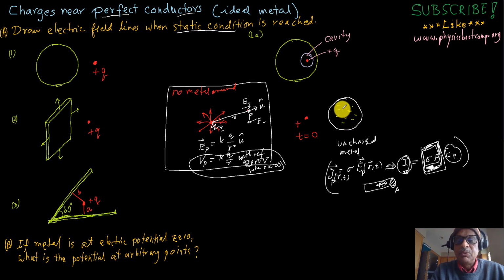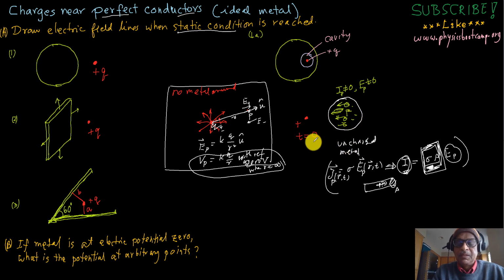But negative charges are mobile, and they will start to move towards this end. So then J is not 0 at any point P inside the metal, and E at P is not 0.